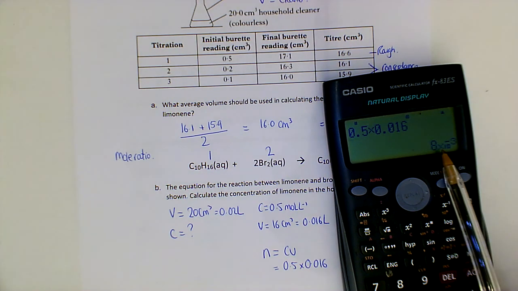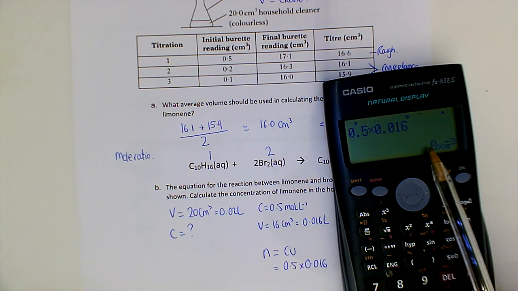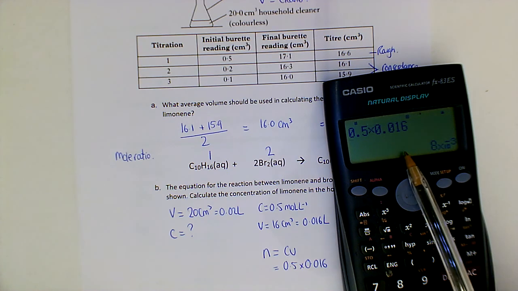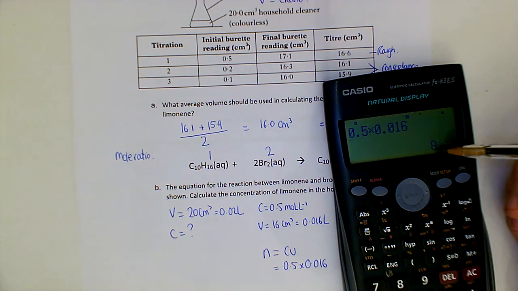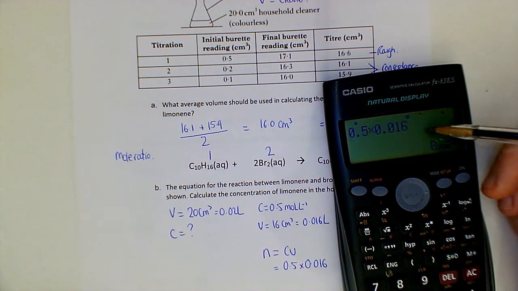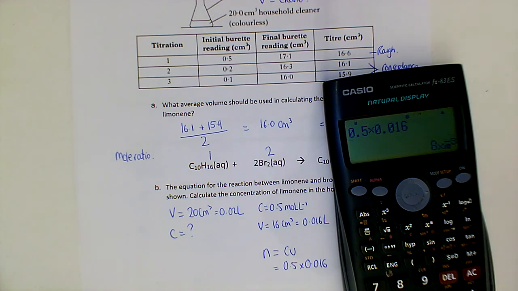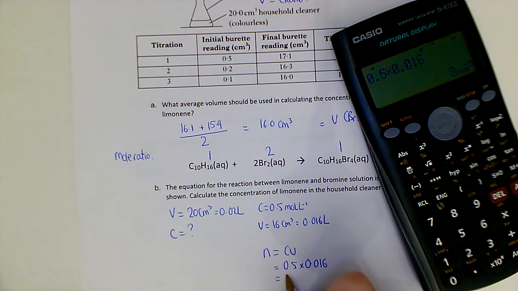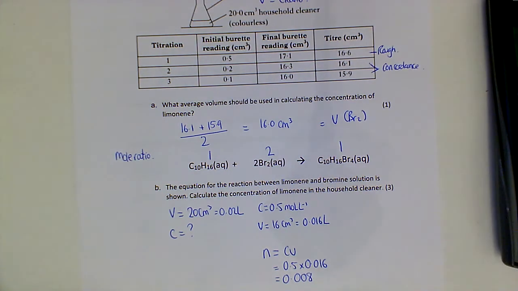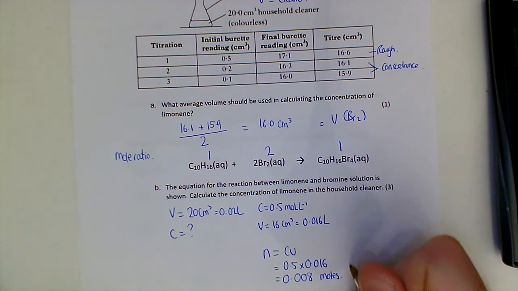If I treat that as my decimal point, minus 3 means I jump 1, 2, 3 spaces and move the decimal place. So 1 takes it over the 8, another 1, we'll have to put a 0 in front of it, and another 1, another 0. So that actually equals 0.008 moles. So that's going to get me my first mark.